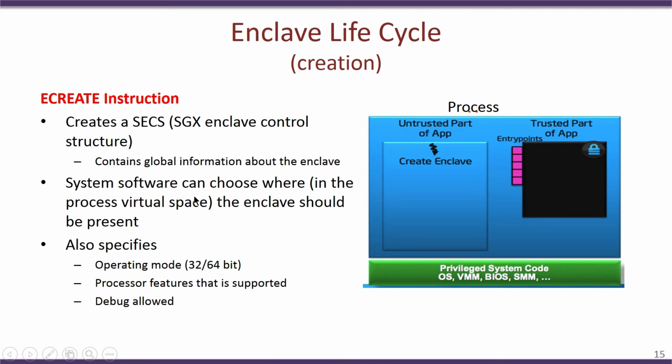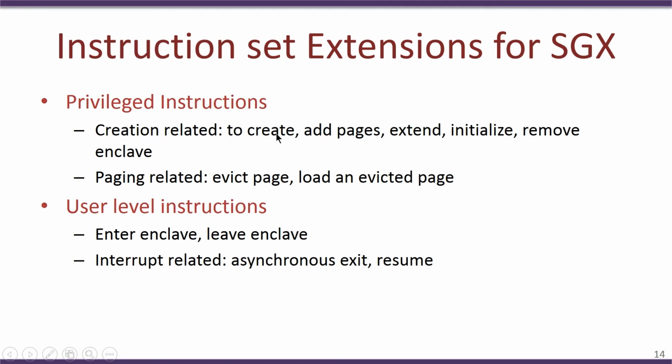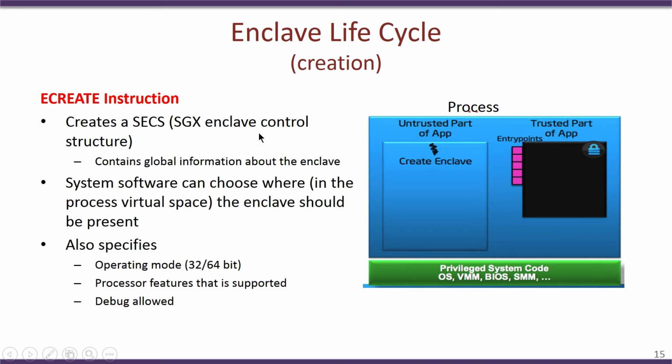The first one is to create the enclave, that is the ECREATE instruction, and as we see here, ECREATE is a privileged instruction. Whenever an application wants to create an enclave, it would make a system call, and within the system call there would be an ECREATE instruction which would initiate the enclave creation.